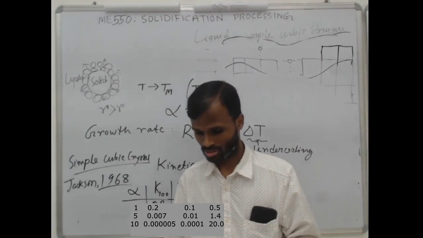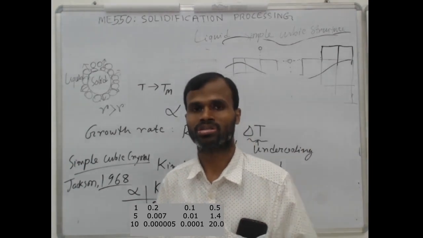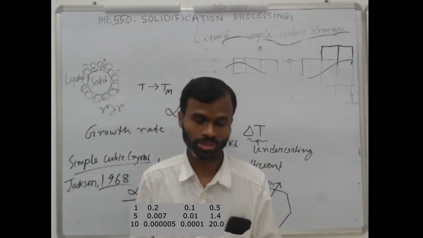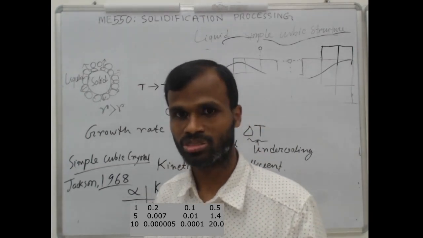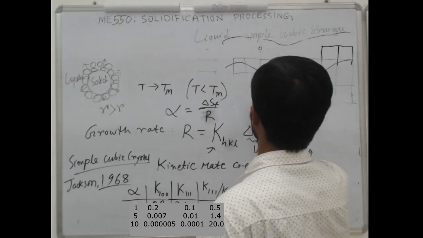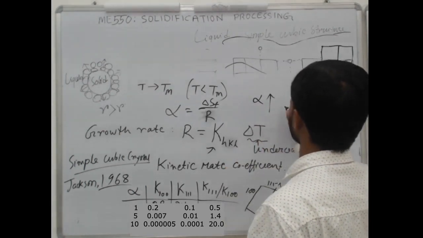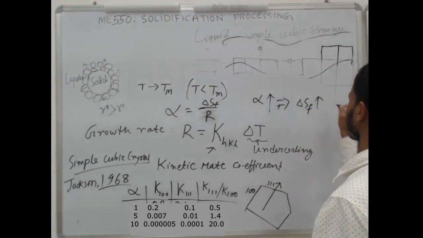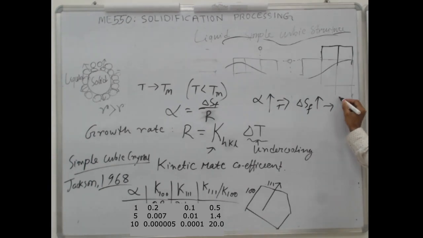In such cases, the defects are of particular interest for industrial practice, like screw dislocations or twin boundaries. This becomes important. So as alpha increases, this means delta SF increases. That means there is a sharp variation in the properties.